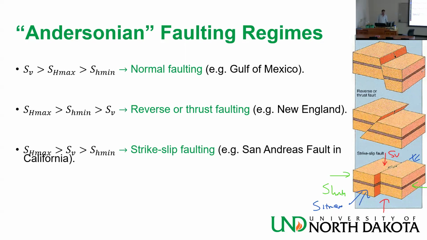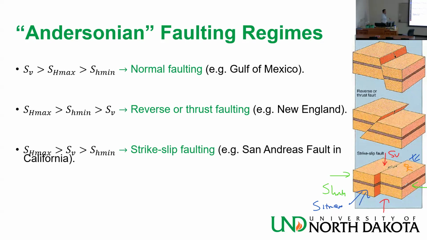Okay, now, we said it doesn't matter which one is the foot wall and the hanging wall in this case, but there is another aspect to it, okay? Imagine if I'm standing here, and I'm looking the other way.